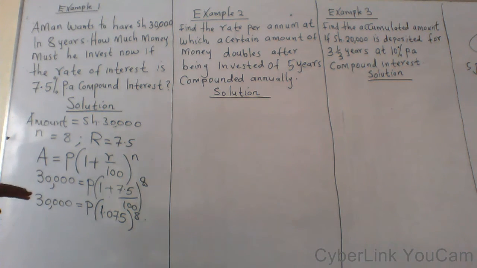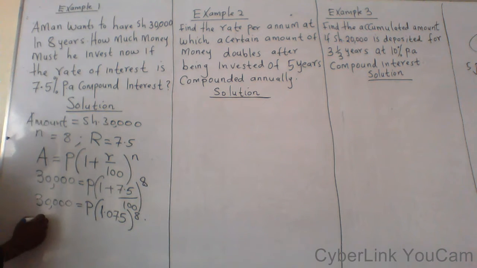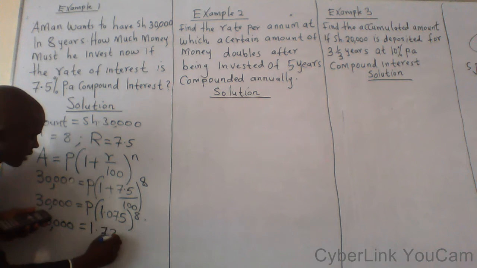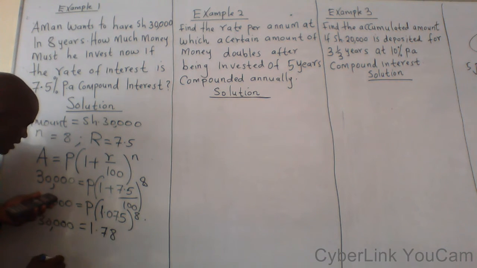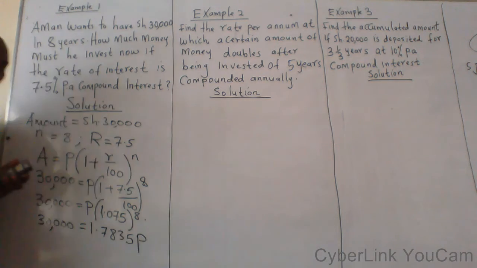Then if you do this calculation, you will take 1.075 raised to power 8. You will get it as 1.7835.